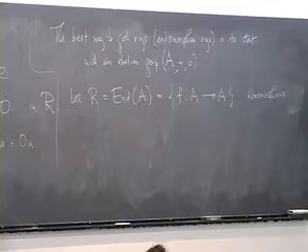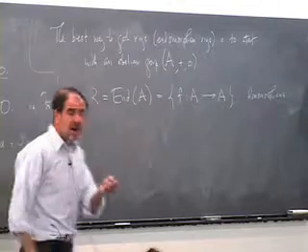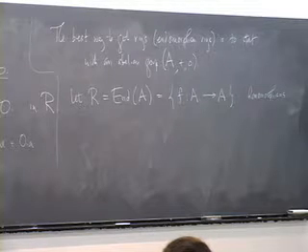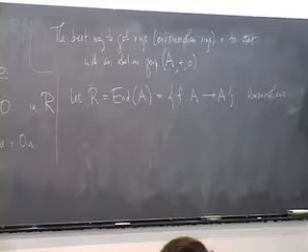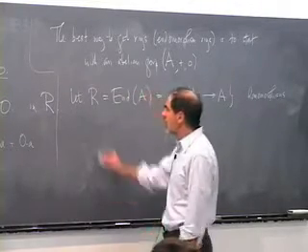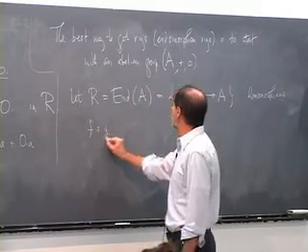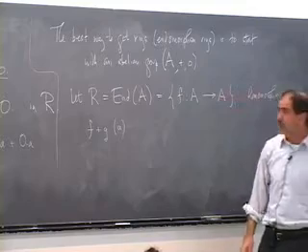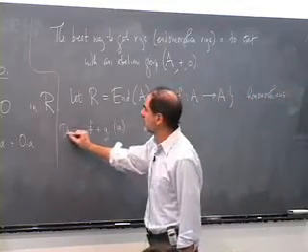Now that's a set. So to turn it into a ring, I have to tell you what the addition law is, what the identity under addition is, what the multiplication law is, what the identity under multiplication is, etc. Okay? So I'll tell you that. So the plus law: I have to tell you what F plus G is as a homomorphism from A to A. So we're going to define the structure.